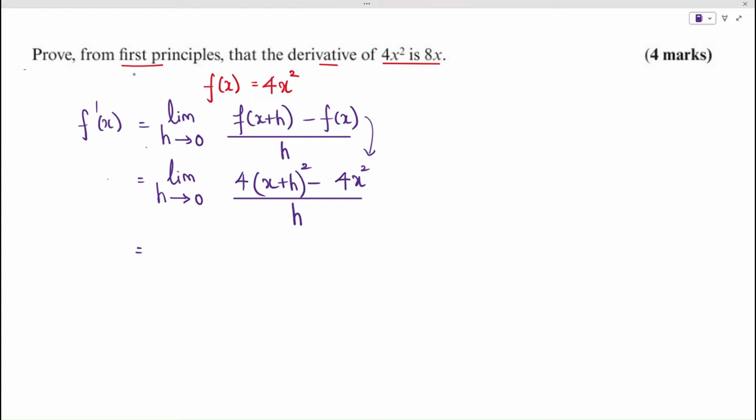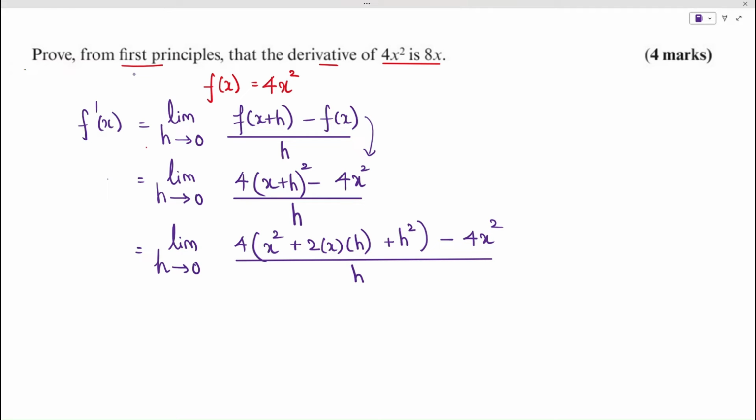So we can expand our brackets here binomially. So we get lim, as h tends to 0, 4 times x squared plus 2xh plus h squared, minus 4x squared all over h.